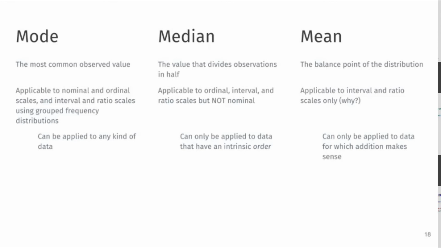The quintessential example of ordinal data of this kind is the set of winners of a race. You can put them in order, first is better than second is better than third, but the amount by which the first is better than the second is not necessarily the same as the amount by which the second is better than the third.